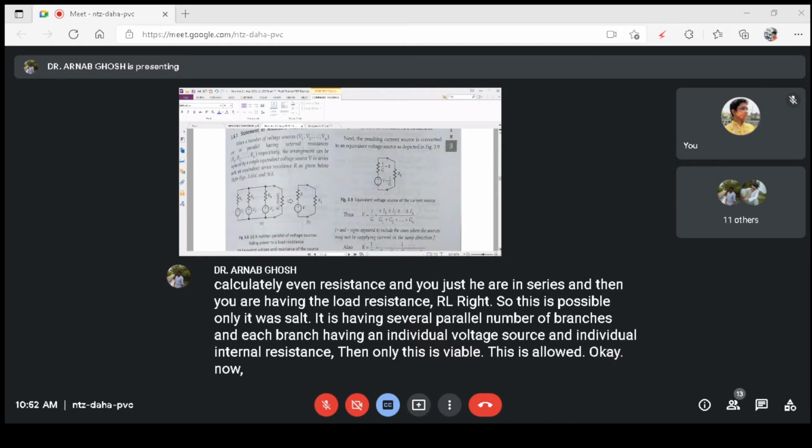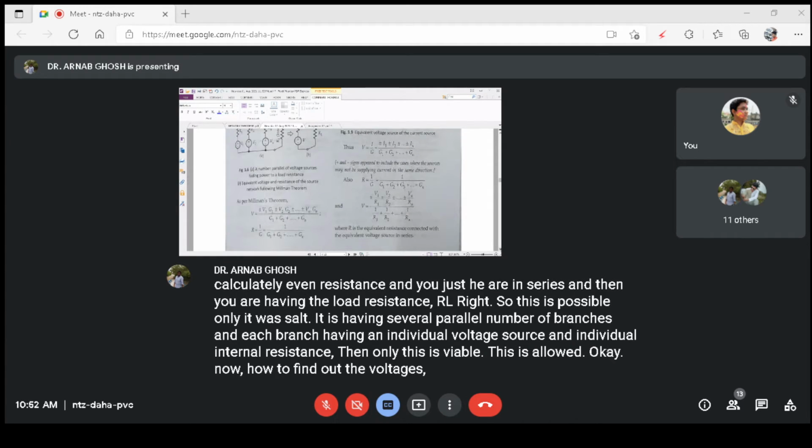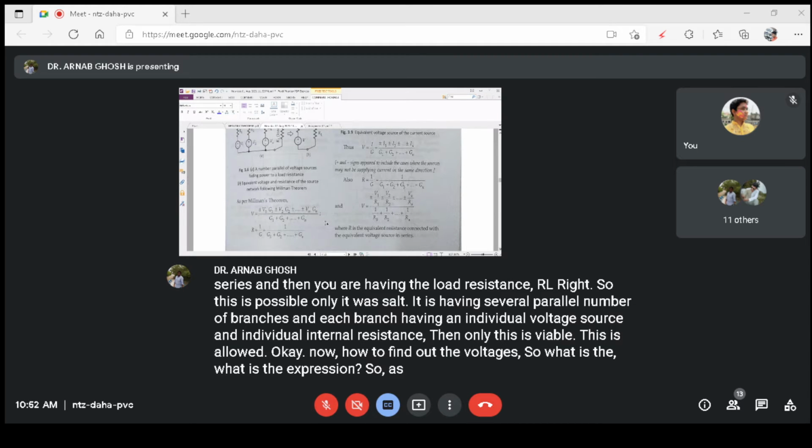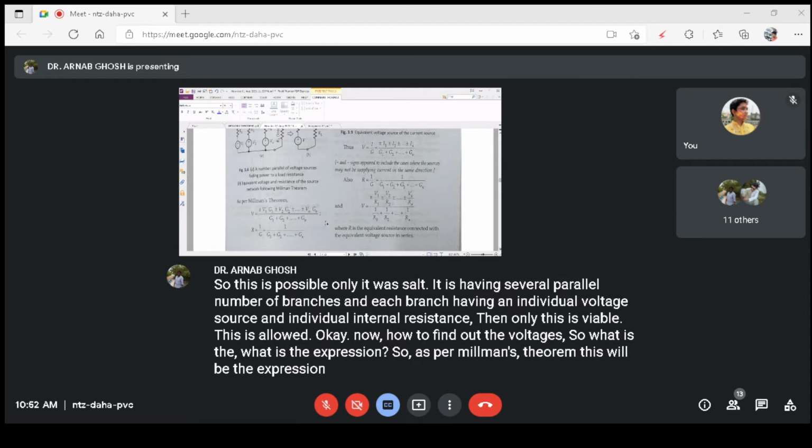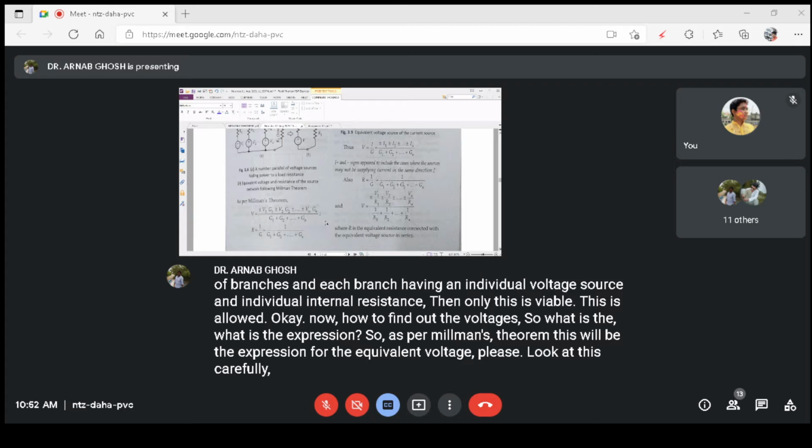Now, how do you find out the voltages? So what is the expression? As per Millman's theorem, please look at this carefully. This will be the expression for the equivalent voltage. How do I calculate the voltage?